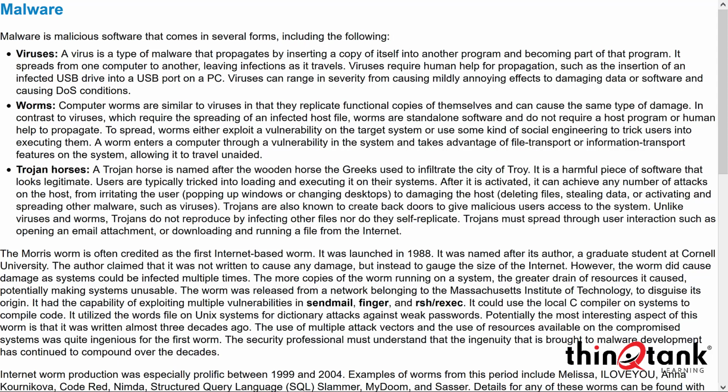Worms can copy themselves. They don't need host programs. They distribute themselves based on the law of exponential growth, meaning that the more computers I can infect, the more likely that worm is going to self-replicate at an exponential rate.